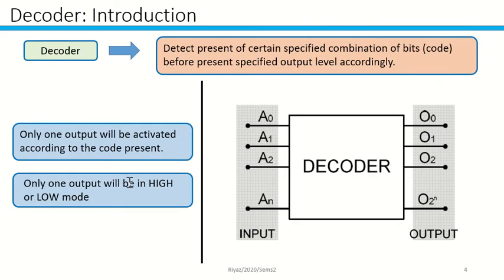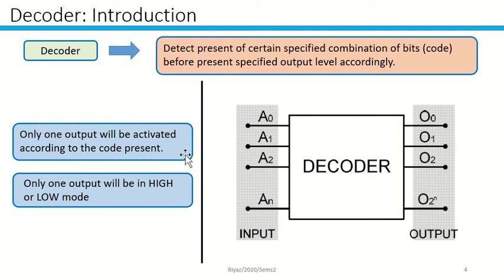We shall go to the decoder. A decoder detects the presence of a certain specified combination of bits before presenting a specific output level accordingly. So only one output will be active at one particular time when there is a code. It's something like when you have a particular message you want to send to a friend.